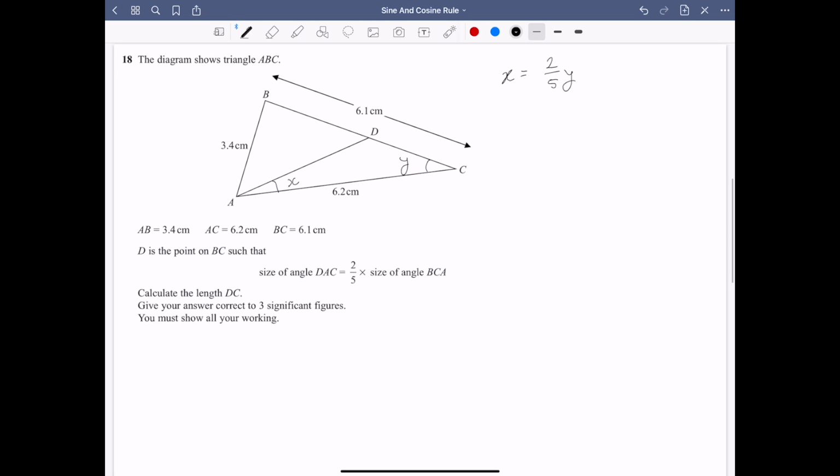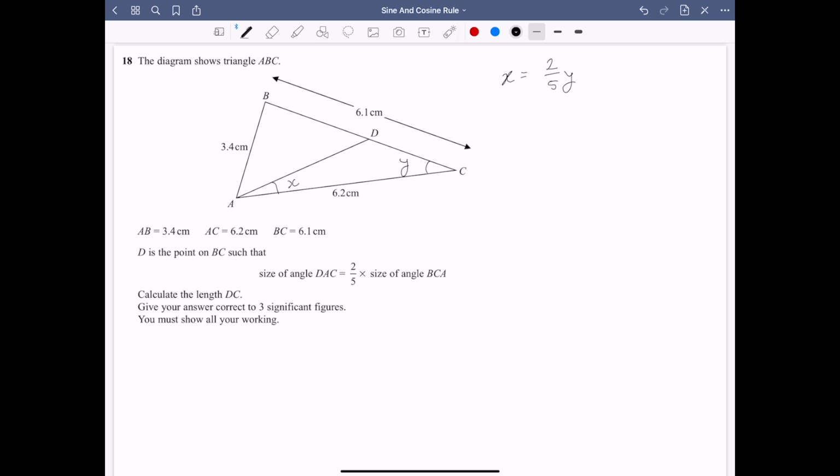How do we do that? Well, the cosine rule tells us that 3.4 squared is equal to 6.1 squared plus 6.2 squared minus 2 times 6.1 times 6.2 times cos of y.